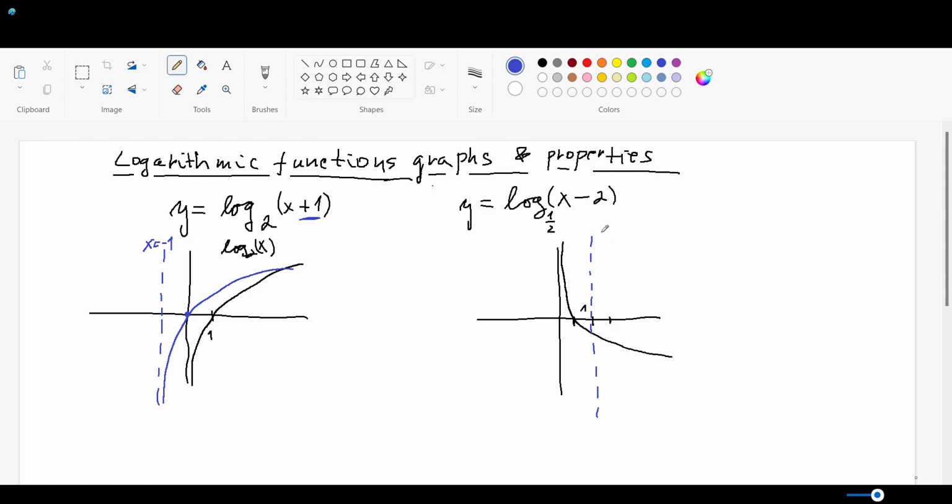So this is going to be my graph, and the final graph will behave like this. Okay, so the blue line is the function y equals log base 1/2 of x take away 2, and here my blue line represents the function y equals log base 2 of x plus 1.